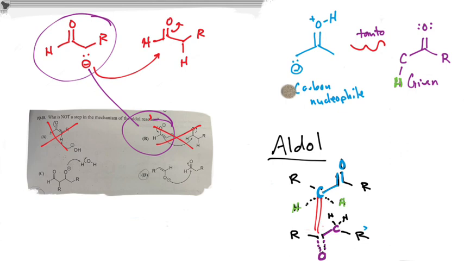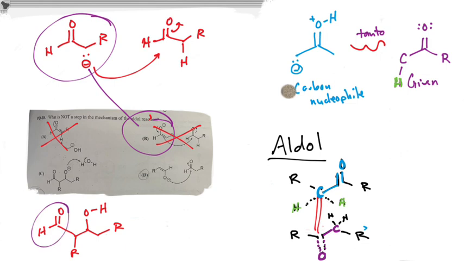What happens in C? You protonate. Did you need to do that? What happens if you protonate? It gets rid of the negative charge. Right? That's what you would get if you protonated. Yeah. We don't want to protonate.